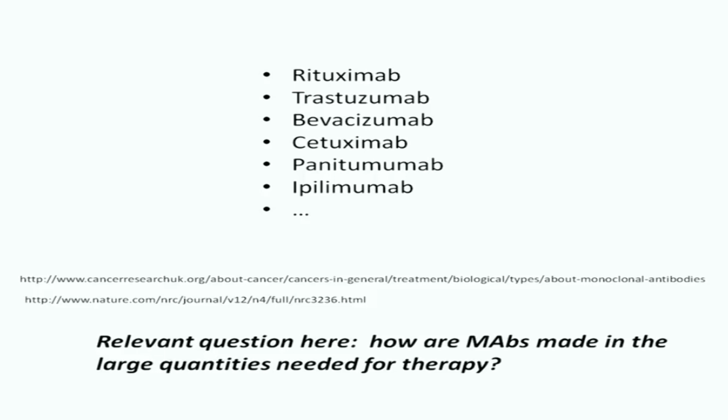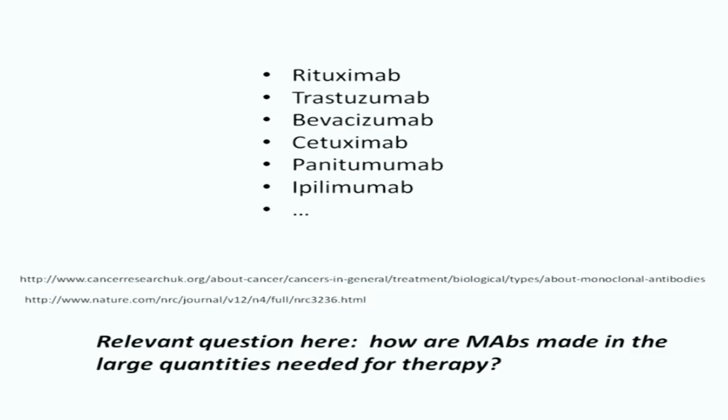Let us now come back from cancer to our bioreactors course. What is the relevance here? The relevant question is how are monoclonal antibodies or MABs made in the large quantities that are needed for therapy. The amounts would be very small if you grow hybridomas in small vessels as was done initially, but the demand for MABs is huge nowadays.